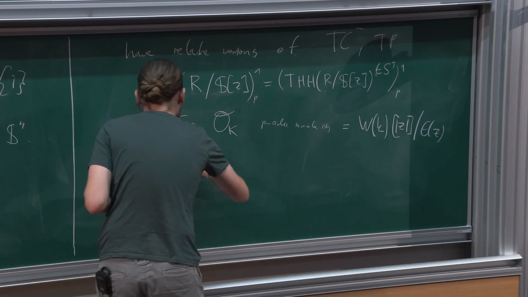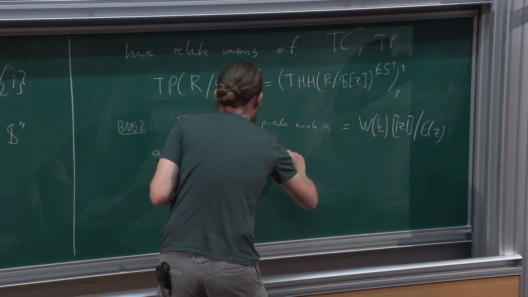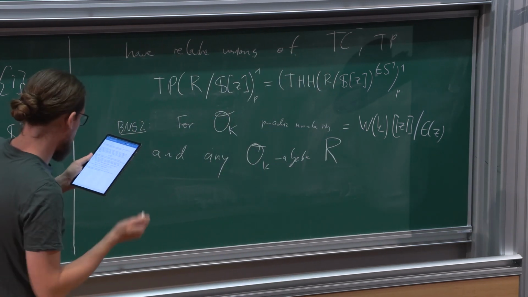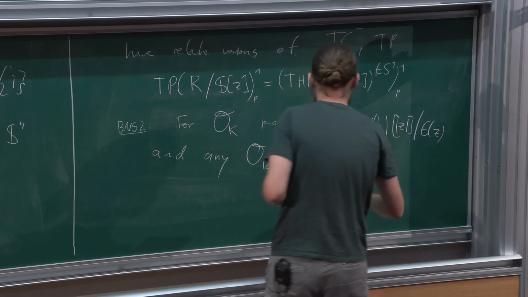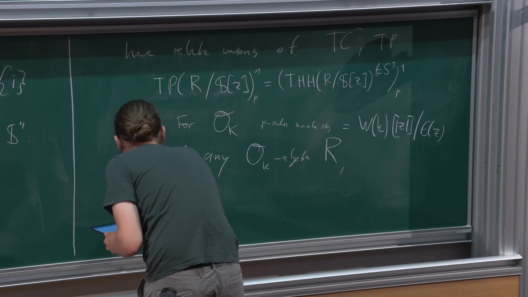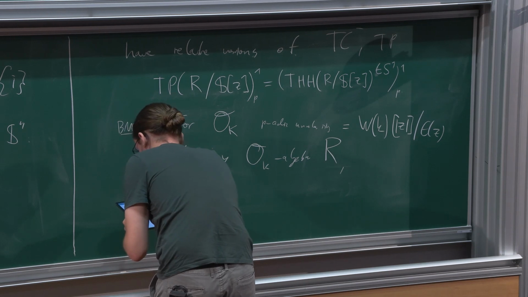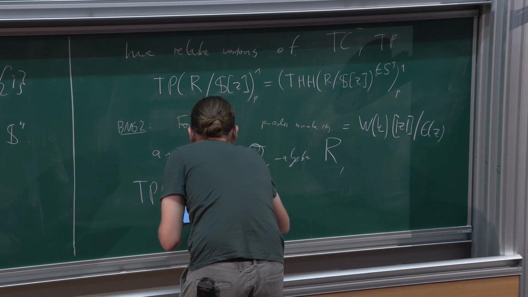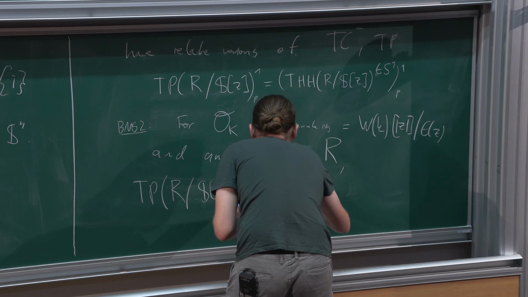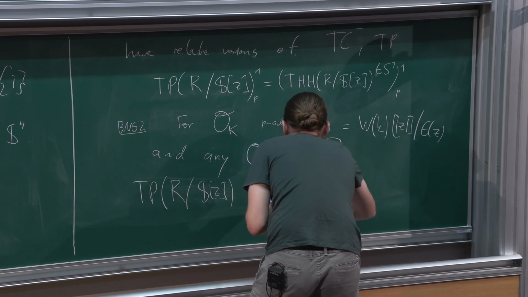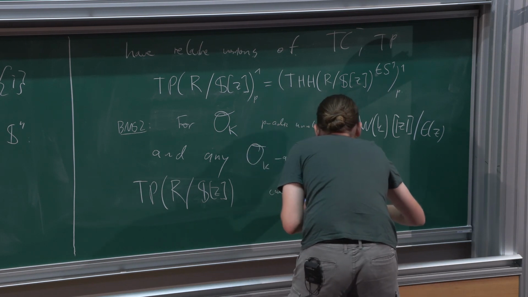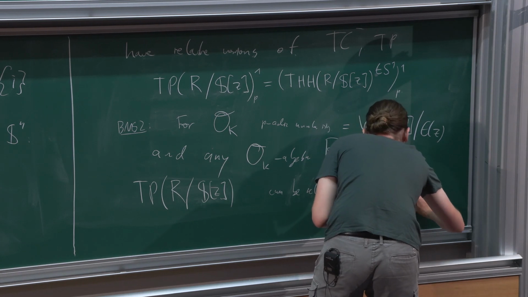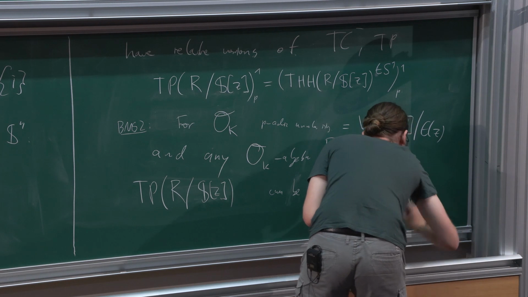And for any O_K-algebra R, they observe that TP of R relative to S adjoin Z can be described, or can be related to, prismatic cohomology of R relative to this ring W(k) adjoin Z.